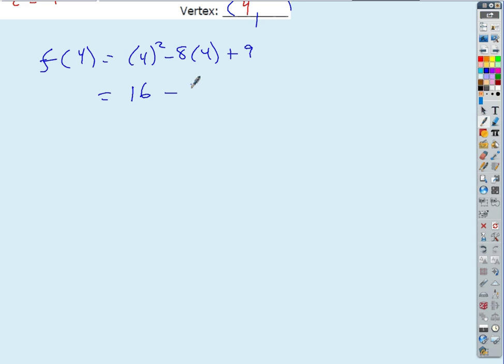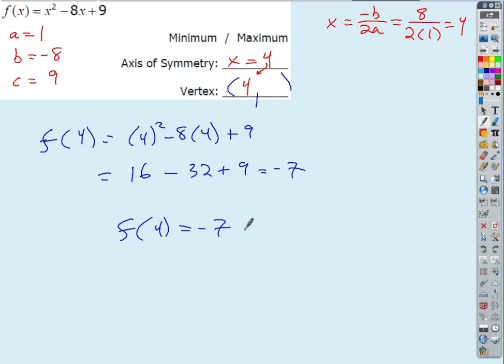So that's going to give us 16 minus 32 is negative 16 plus 9, negative 7. So we know f of 4 equals negative 7, and so there is the y coordinate of the vertex. Minimum or maximum? Minimum, good.